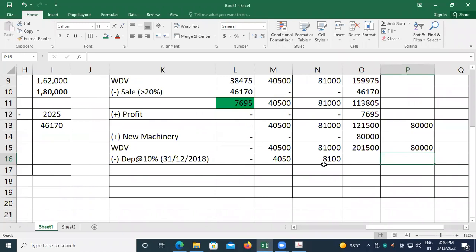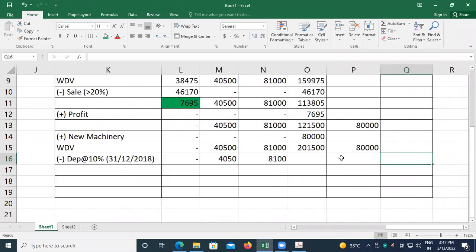So now let us calculate the asset value. So total, if you calculate, 80,000, 10% is 8,000. But now this particular asset is used for 6 months. So 6 months means it will be 4,000. So here the value of the asset will come 4,000. Remember, this is 6 months we have used this asset.